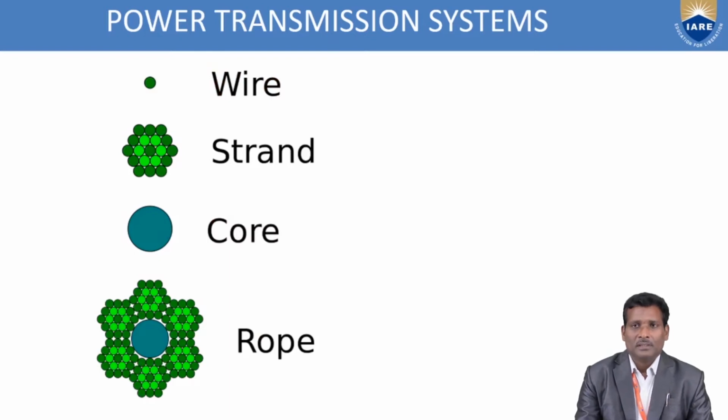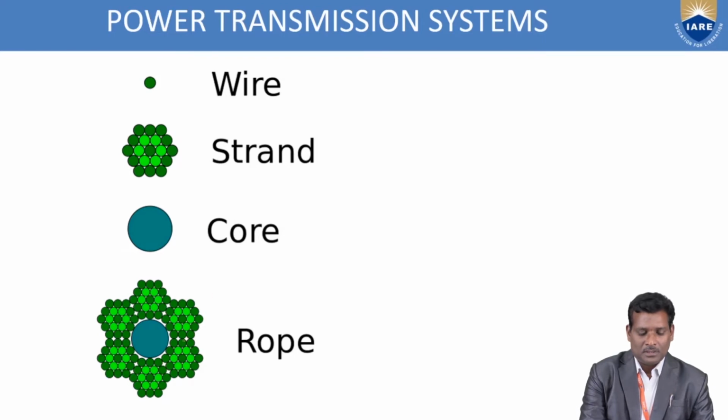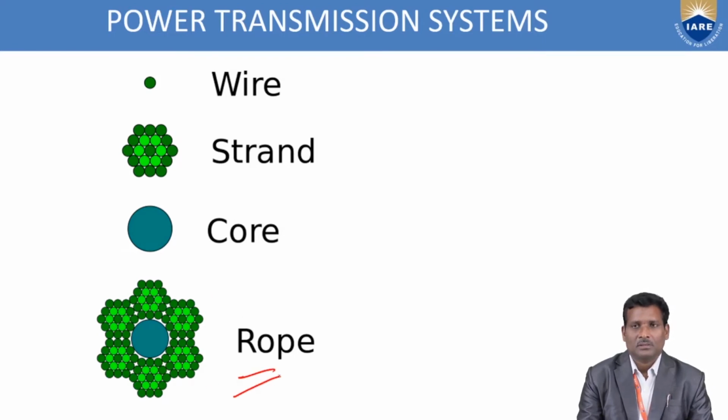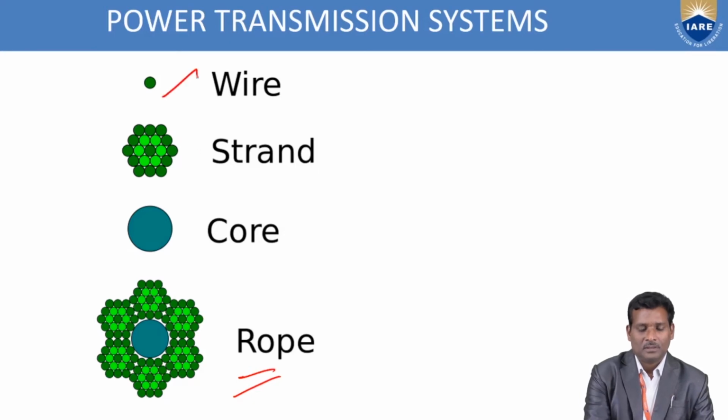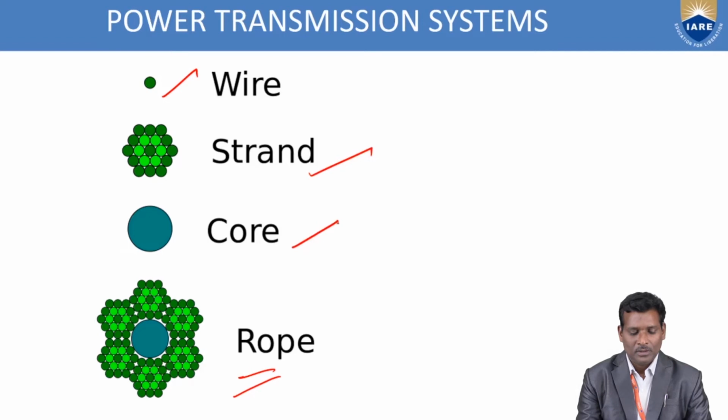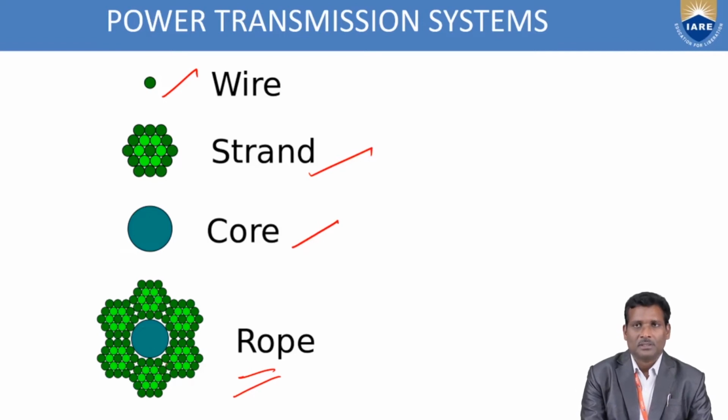The detailed diagram is shown in this slide. This is the total assembly of the rope, and the colors indicate wire, strand, and core. So what is the designation of this wire rope? How many strands are here? 1, 2, 3, 4, 5, 6.